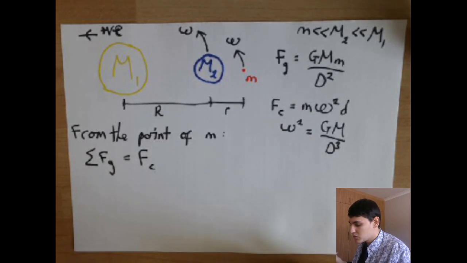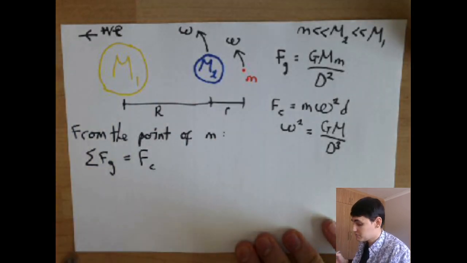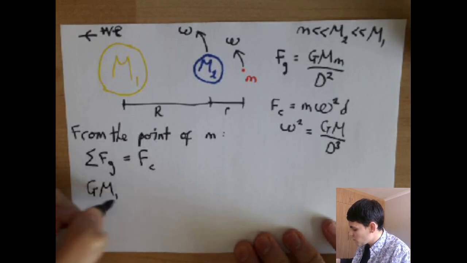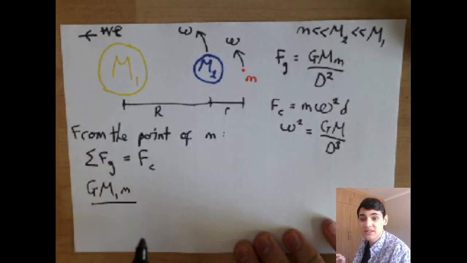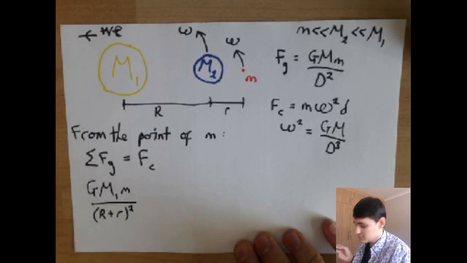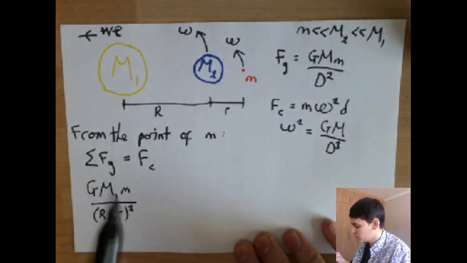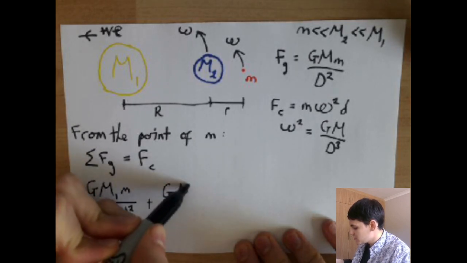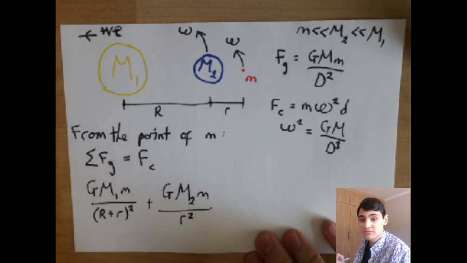Let's first of all work out the force due to gravity from M1 on little m. That is going to be G M1 little m divided by R plus little r all squared. Then let's put in the force due to gravity of M2 on little m. That is going to be G M2 little m over little r squared.